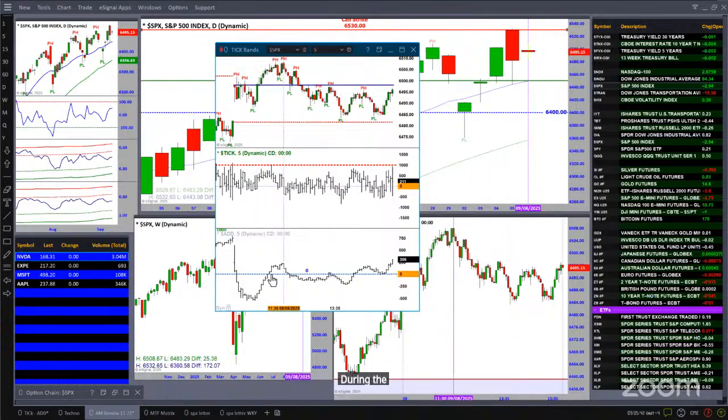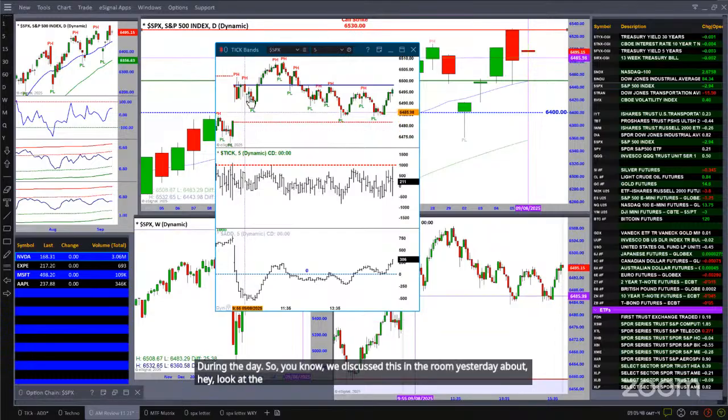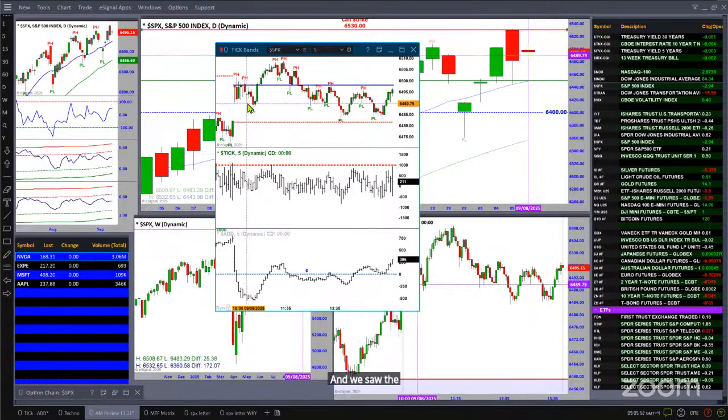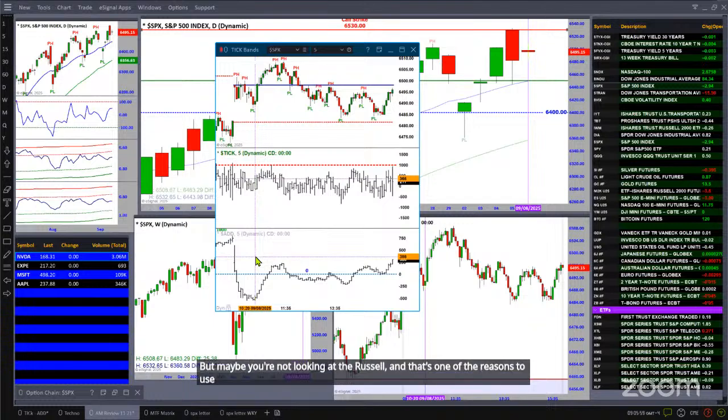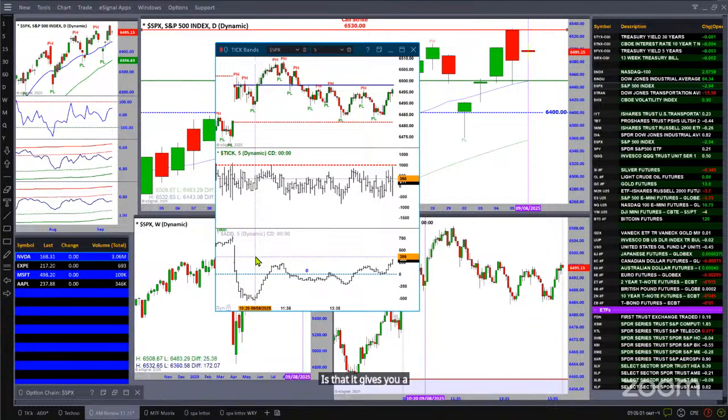We discussed this in the room yesterday: look at the way this went down and S&Ps held up really well. And we saw the Russell had fallen sharply at that time. But maybe you're not looking at the Russell, and that's one of the reasons to use market internals: it gives you a broader picture of what's going on out there without looking at 5 or 10 or whatever different instruments.